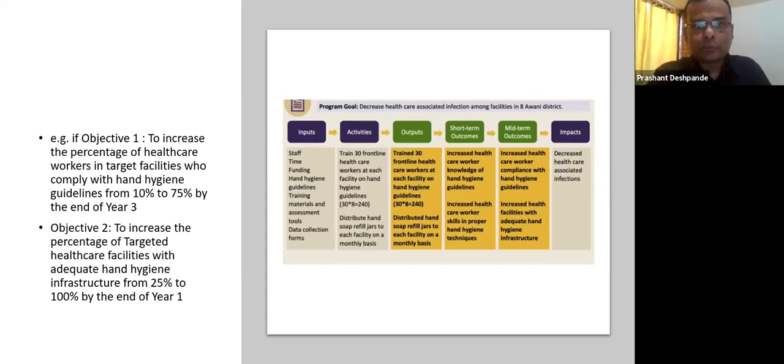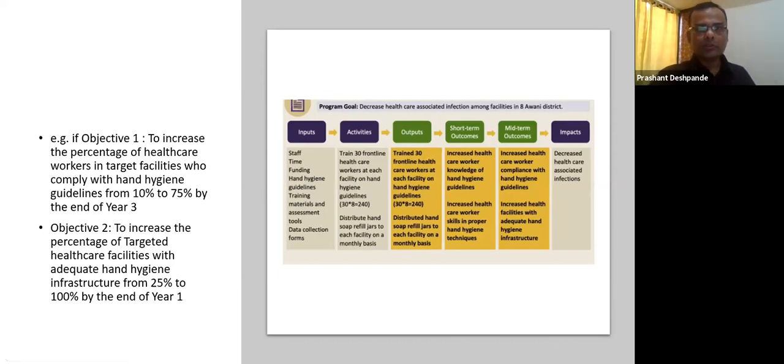Now, the output which we had mentioned in our logic model in last module was trained frontline healthcare workers at each facility on hand hygiene guidelines. Now, this particular output, where will it go? Will it go under objective 1 or under objective 2? Can you type in the chat box?